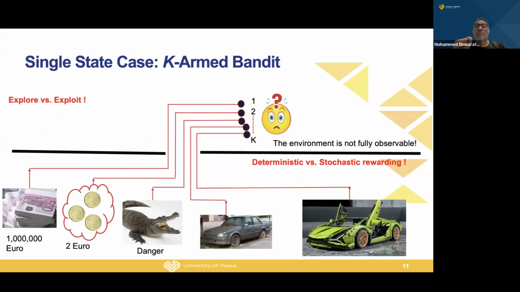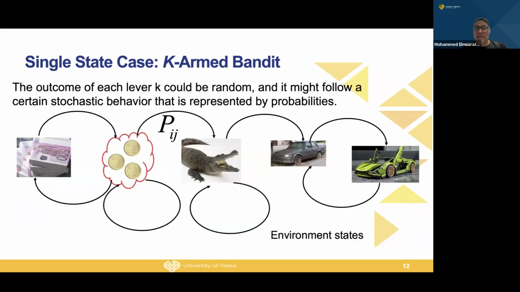But for each action, we will have some expected reward that can be positive or negative. If it is negative, of course, it will be a penalty or punishment. So now instead of a deterministic case, we go to the stochastic case, including uncertainty in reinforcement learning.